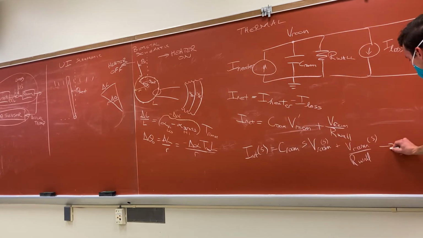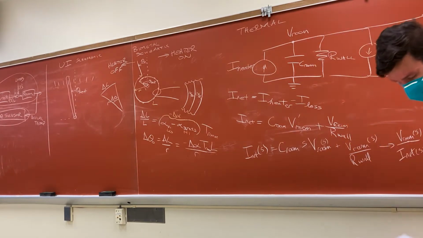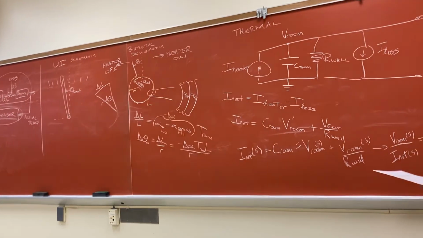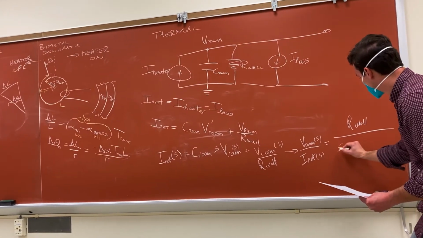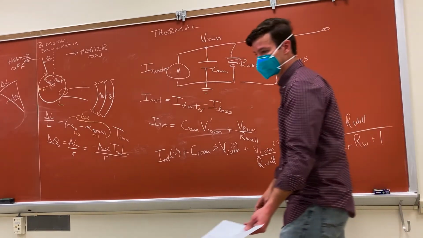So at the end of the day, I want output over input. What do we get here? We get R of the wall on top, over S C room R wall, plus 1.